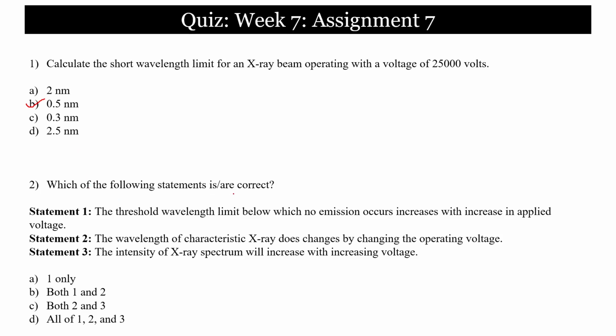Which of the following statements is or are correct? Statement 1 says that the threshold wavelength limit below which no emission occurs increases with increase in applied voltage. Is this statement correct? Yes, it is completely correct.